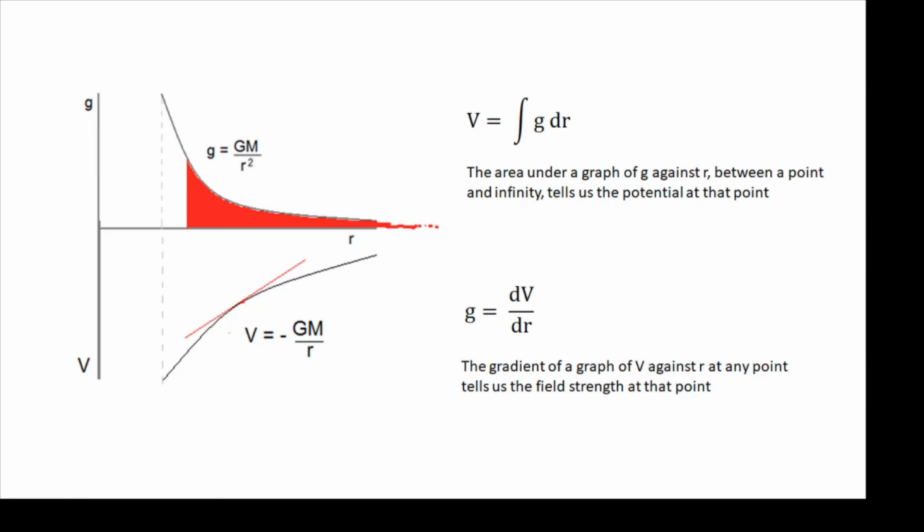And if you're a proper A-level mathematician, you should know that V is the integral of g dr. If you integrate the expression for g, you get the expression for V. And similarly, g equals dV/dr. So the gradient of a graph of V against r at any point tells us the field strength at that point. g is dV/dr at any point. Our field strength is the potential gradient.